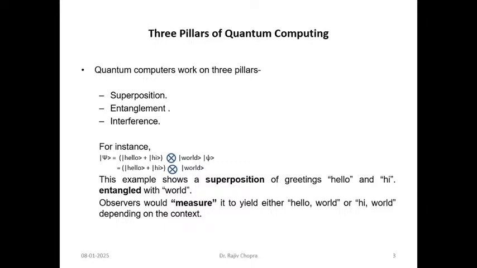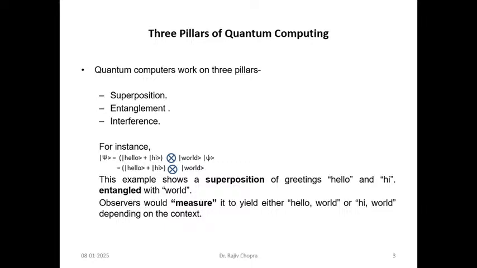A very interesting example I could see: suppose the superposition state psi is represented like this: hello plus hi, and then we take the tensor product with world.